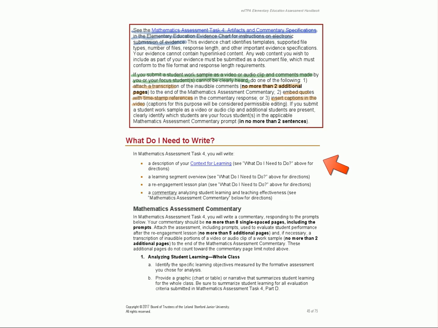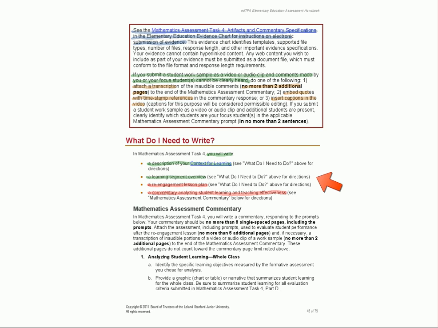What do I need to write? So, in Mathematics Assessment Task 4, you will write these 4 things as 4 pieces. A description of your context for learning. So this is the mathematics context for learning, in which you'll share the program and the materials as well as who your students are.